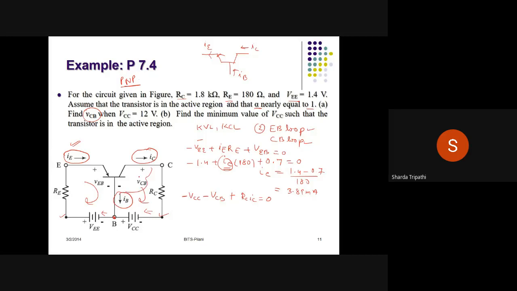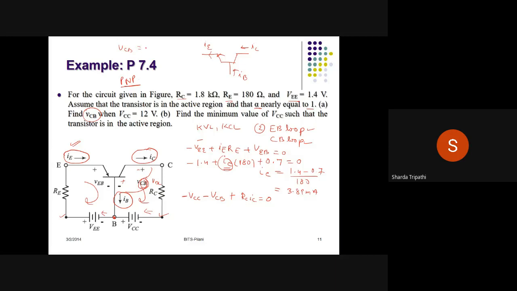So here if you see, the polarity is marked plus over here and minus over here. If you want to take it the other way around, that is plus over here and minus over here, then you need to change this notation. Then in that case, we will not say that this is VCB, rather we will say that this is VBC.